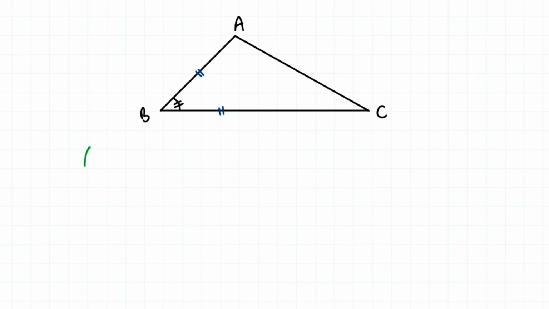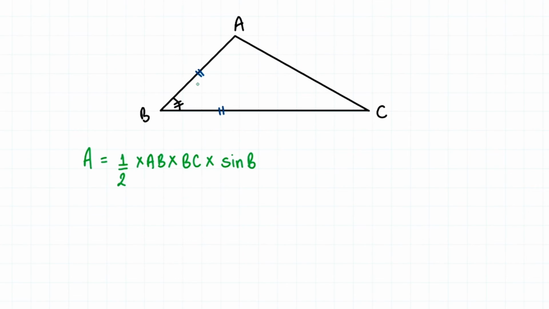Then we can find the area of the triangle by using the formula 1 by 2, this side AB, times this side BC, times sine of this angle B, okay?